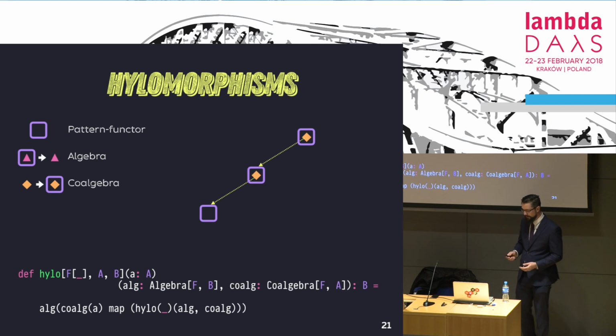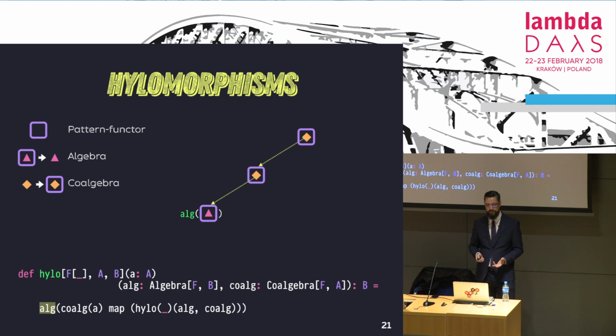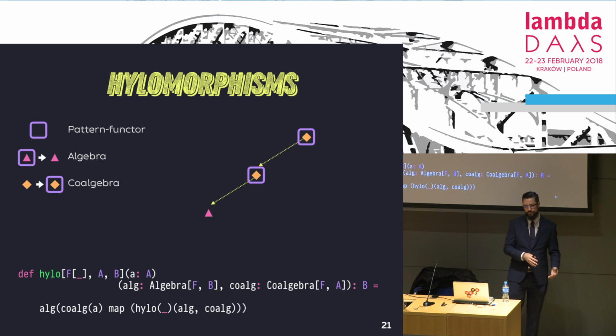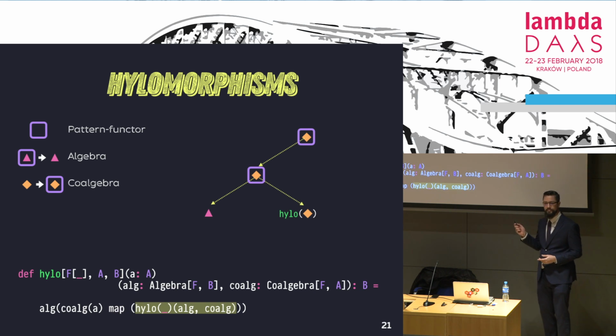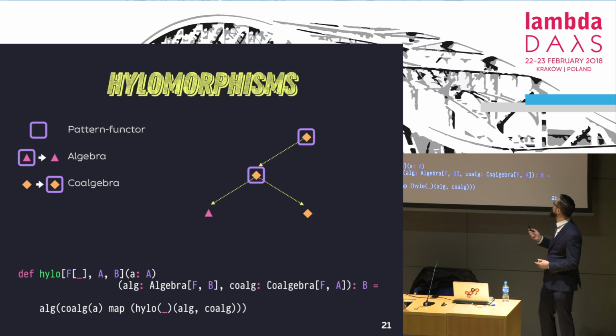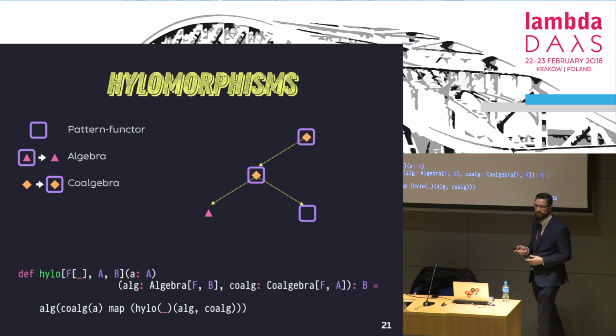Okay, so far? So now that I have an f of B, I can call the algebra on it, and the algebra takes an f of B to a B, so I end up with a B. And I finished for this branch. But before that, I was mapping over this node there. And maybe it has another element inside it. So I need to call hylo on it, which calls the coalgebra, producing an f of A, which is again empty because I decided it was a leaf.